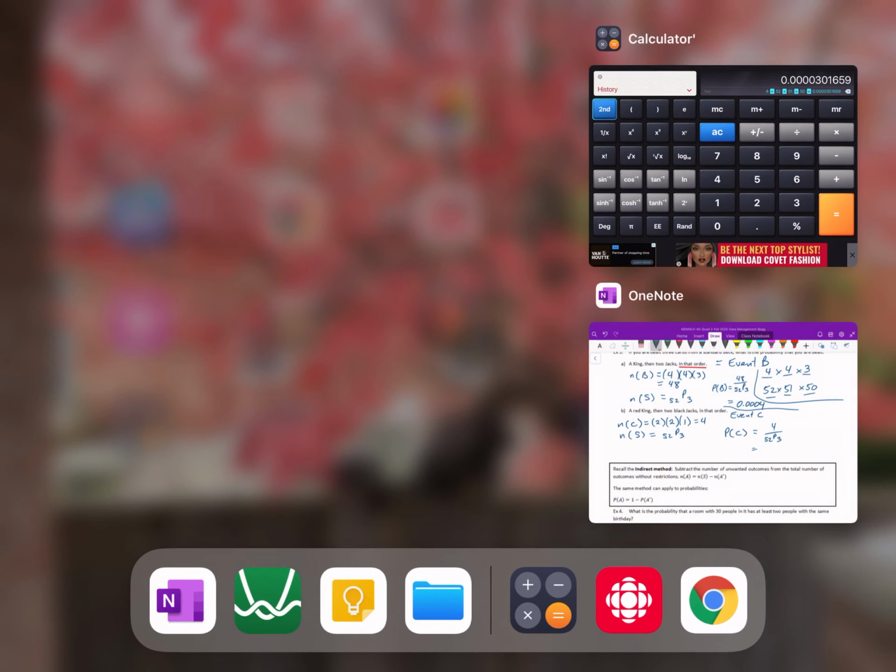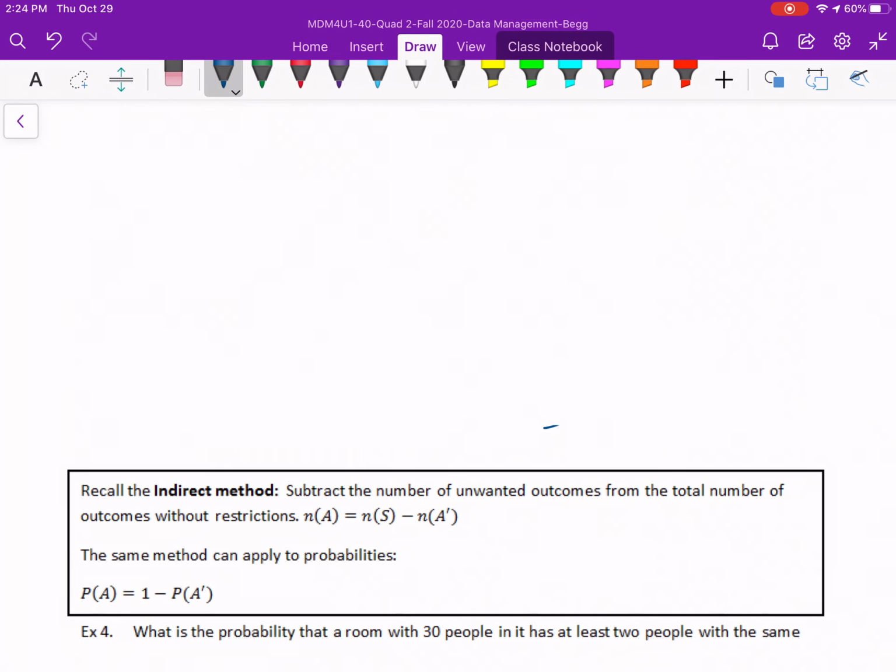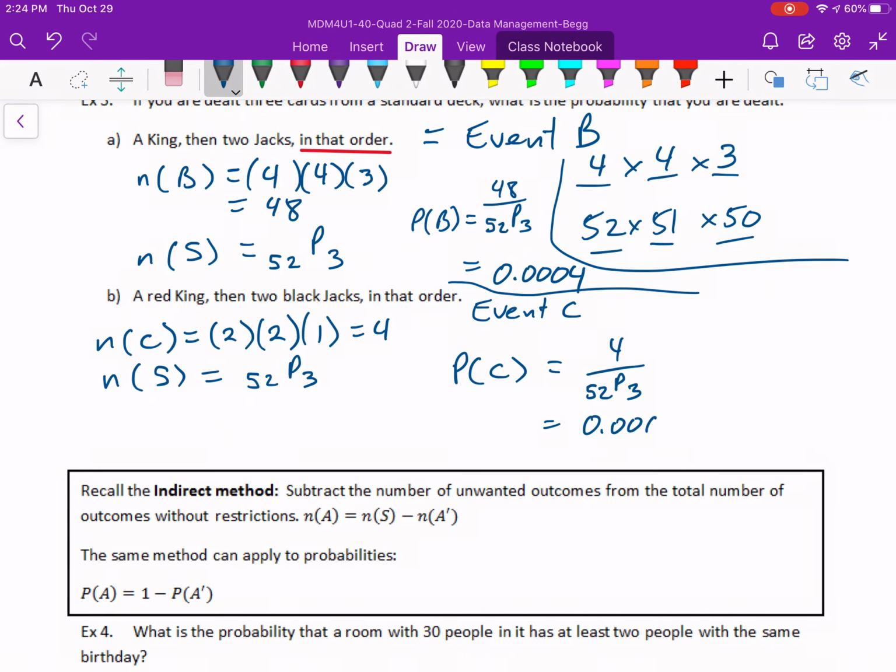That's 0.00003, etc. I'll stop there. Or as a percent, 0.003%. So 3/1000ths of a percent, not likely.